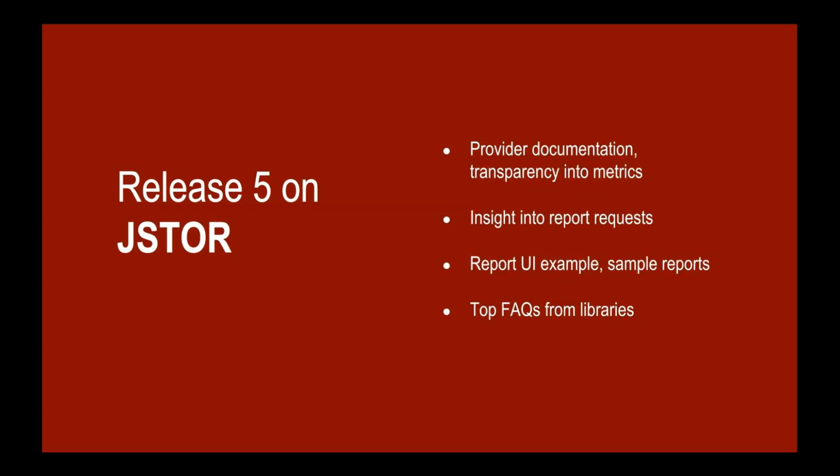We'll look at an example of report UI in Release 5, one on JSTOR, obviously. It's one I have access to, so that's what we'll use here. And then look at some sample reports, just to give you a feel for how these metrics show up, what different reports look like, and then go through some of the top frequently asked questions for libraries.